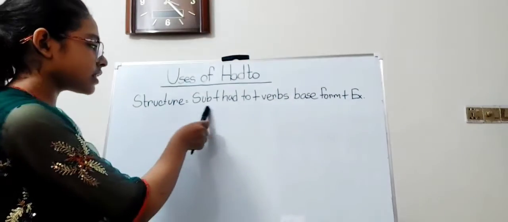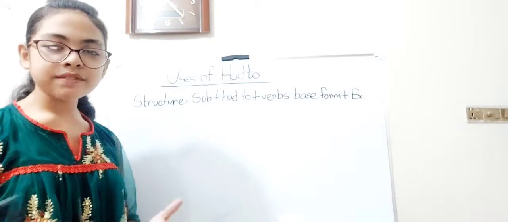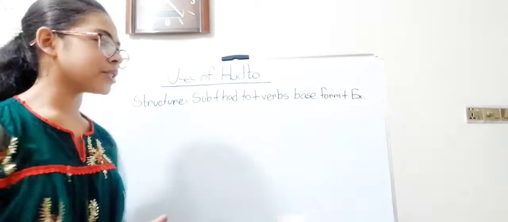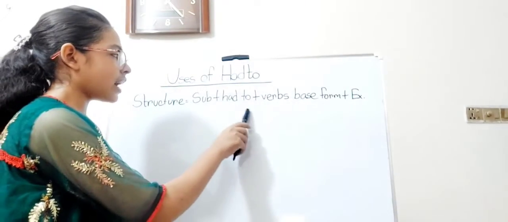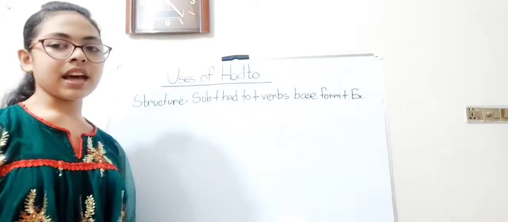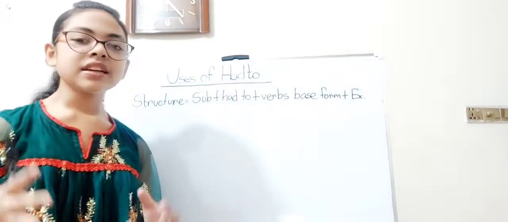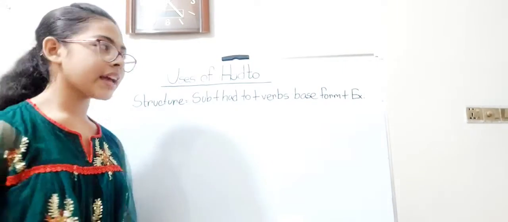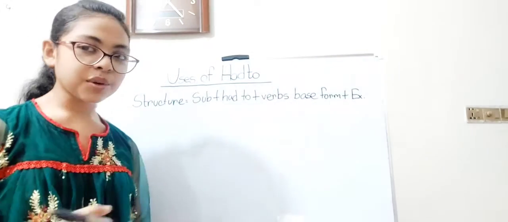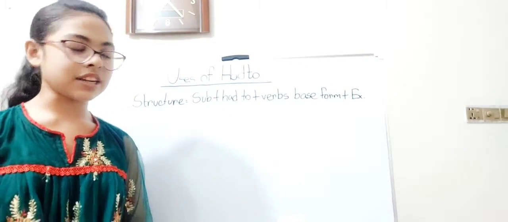First, this is going to be the subject. I have told you anything can be the subject here. Then the phrase "had to", which is the main thing, then the verb base form, that means the normal verb, and after that the extra part of the sentence, that is the extension.